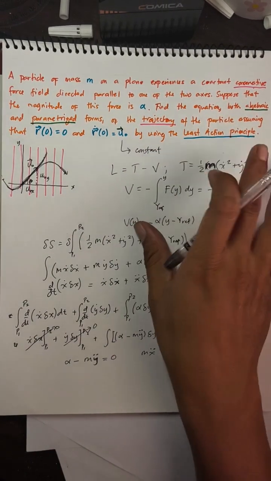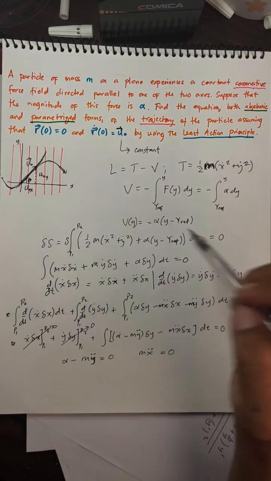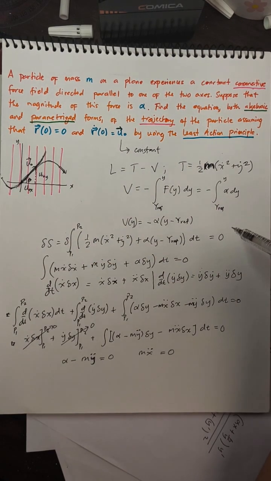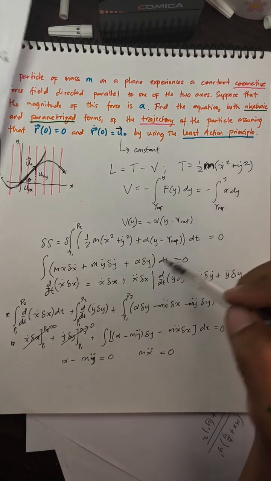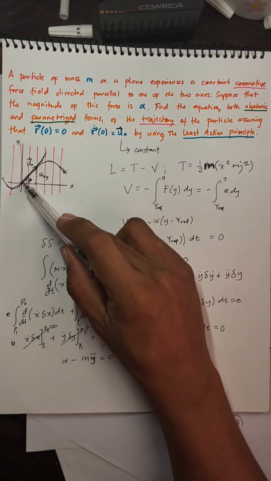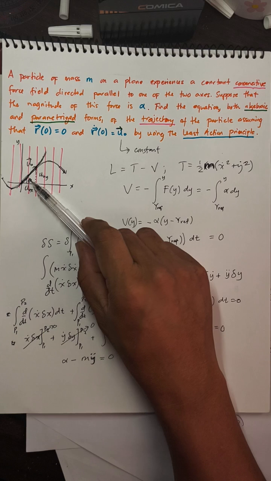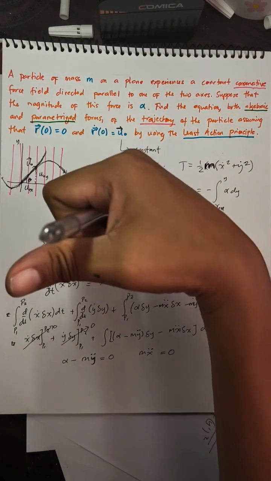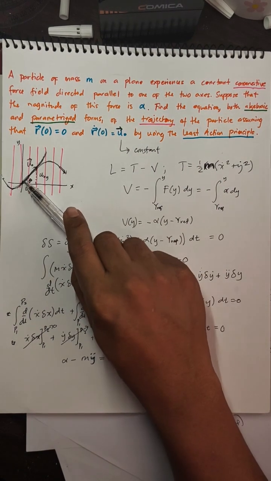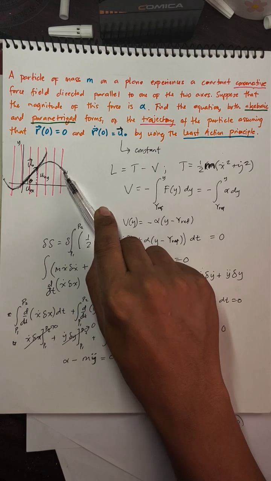Now, if alpha is negative, since we are going up here, the parabola must be opening down, so the vertex is yet to be reached.